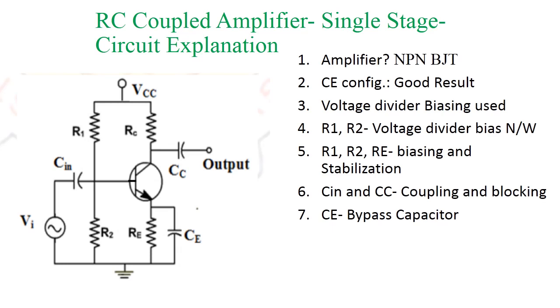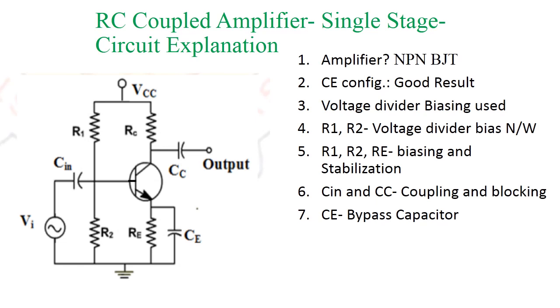An amplifier is a device which can amplify a signal, or a weak signal is amplified using an NPN transistor depending upon the amplification factor beta.